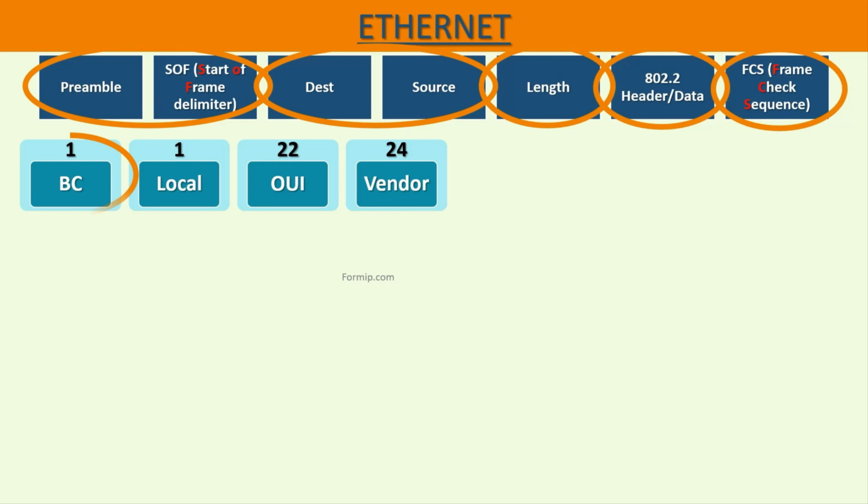The BC field stands for broadcast. If your Ethernet frame is a broadcast, then that bit will be set to 1. The local field should be set when you want to change your MAC address. A MAC address is unique in the world. If you make a change in this field, the impact will only be local, i.e. only on your network.